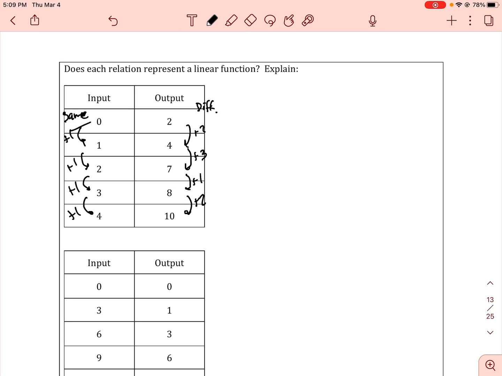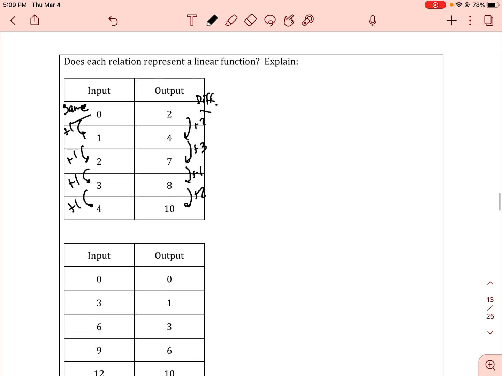Since these are the same and these are different, they're not doing the same thing, therefore this is nonlinear because there is no constant rate of change. It is not rising at a constant rate or falling at a constant rate. So therefore I cannot find the slope, therefore it is nonlinear.